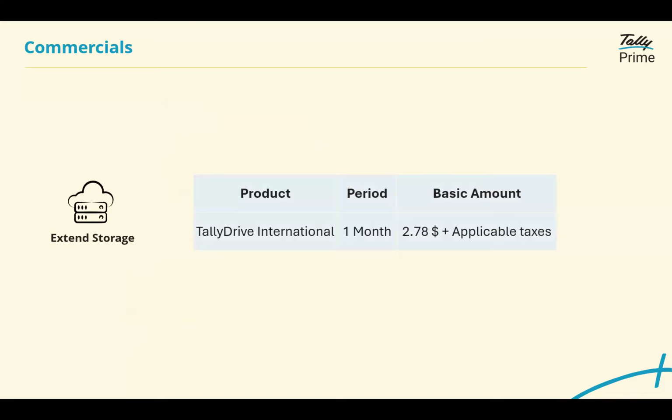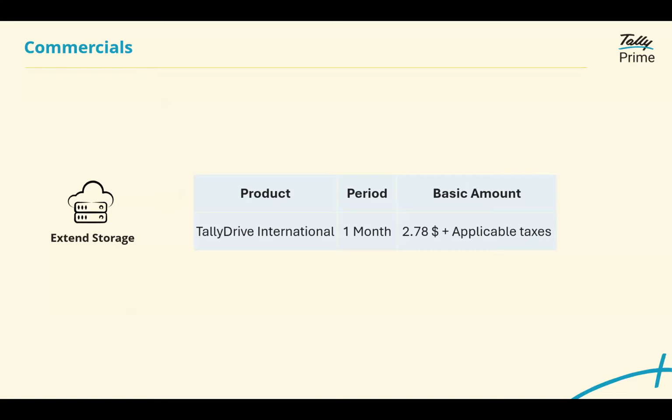And suppose you are a silver license holder and you have consumed the space offered to you as free storage, and you want to extend the storage, we have an option to extend the storage as well. So you can extend the TallyDrive. The period will be monthly, so monthly extension will happen.